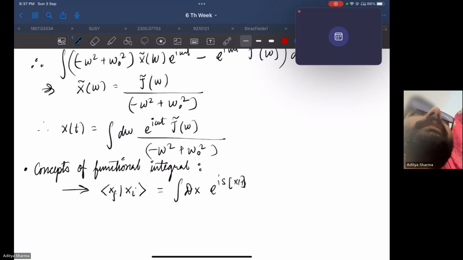Before going there, let's take some problem and do it in this case only. It's from the book itself. We can do this, or we can try something else.